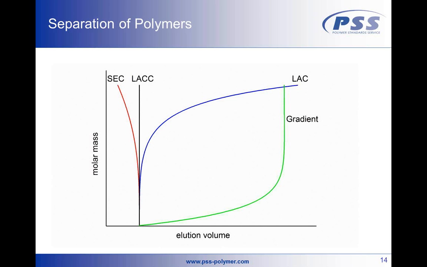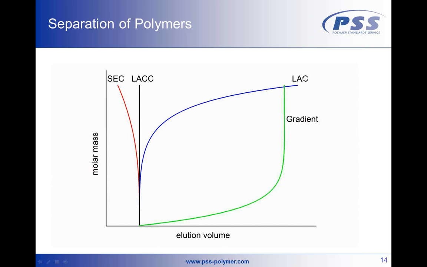What happens if you allow for additional attractive interaction between the repeating units and the stationary phase? In that case, the number of attractive sites increases with molar mass. So the more repeating units you have in your polymer, the larger your molar mass, the stronger the polymer will be retained, and that happens very rapidly. You have a nearly exponential increase in retention time.